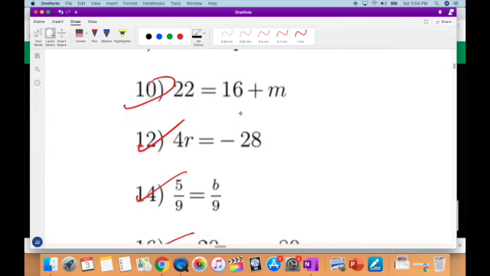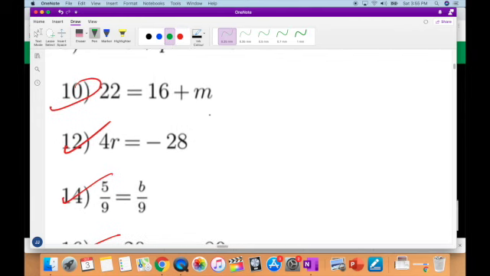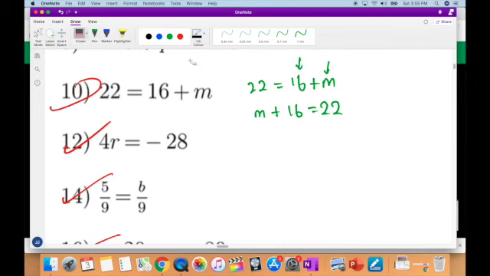So now let's get to this number 10, the one that Caitlin pointed out to us. Well, this one is elementary. 22 is equal to 16 plus m. So I'll just flip it. M plus 16 is equal to 22. You notice the m is positive and the 16 is positive as well.